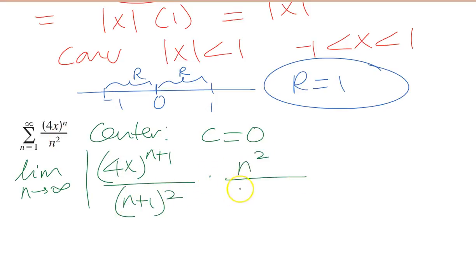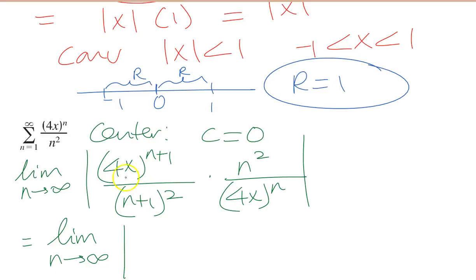Flip it, n squared over 4x to the power n. Alright, so now what are we going to have? Limit as n goes to infinity of, where do we have an extra x in the numerator? We'll put 4x there, and then the fraction, of course, n squared over n plus 1 squared, right?